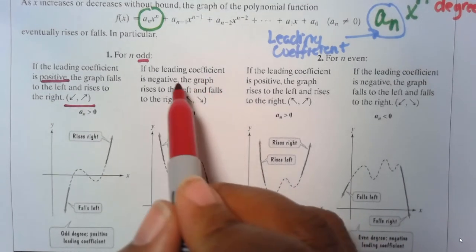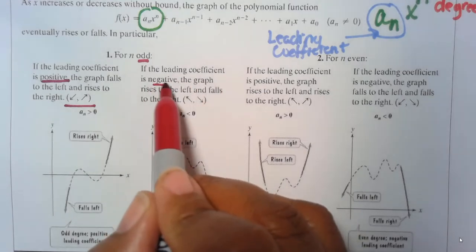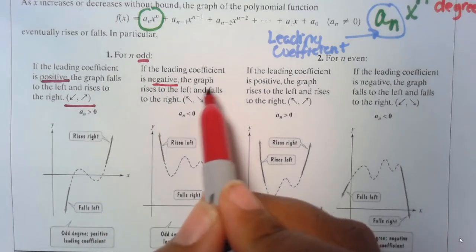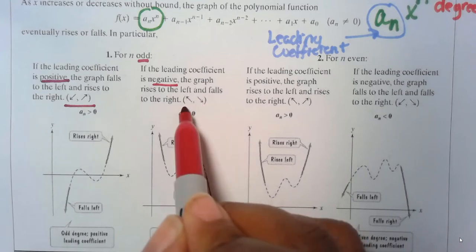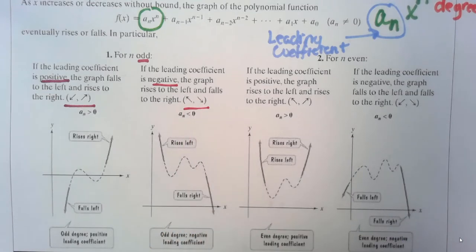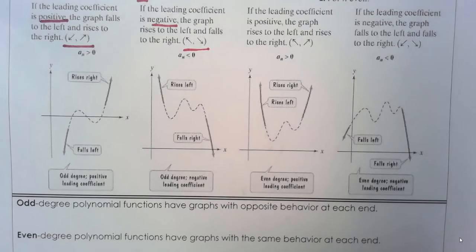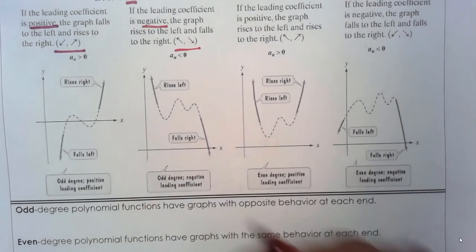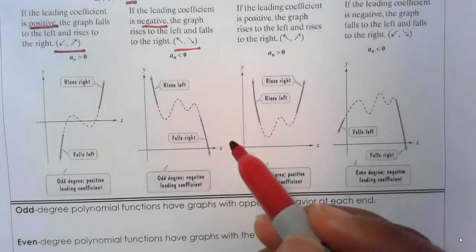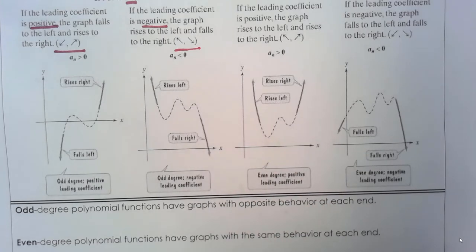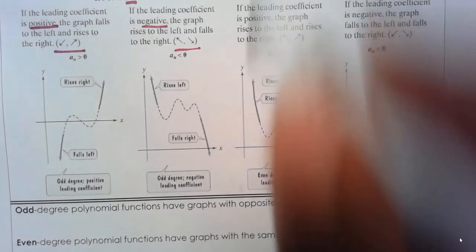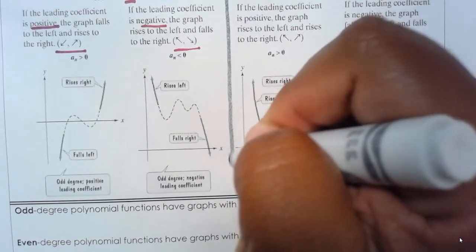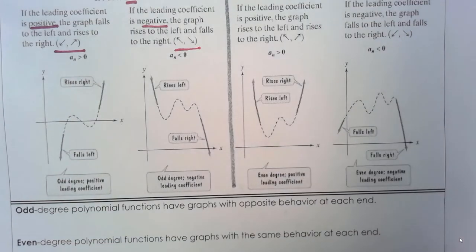It says here, if the leading coefficient is negative, the graph rises to the left and falls to the right. So we're looking at the end behaviors of a polynomial function. And if you notice, you have a diagram that determines when the degree is even or odd and what your end behaviors will look like whenever you graph the polynomial function.